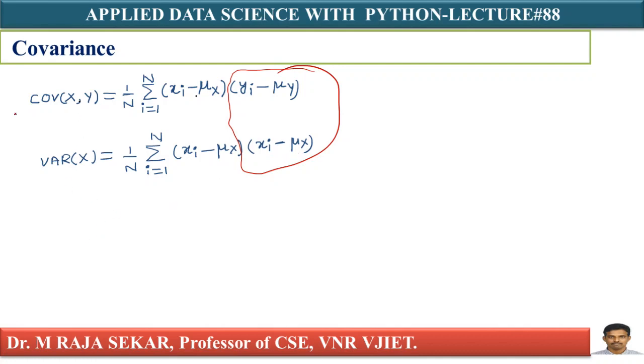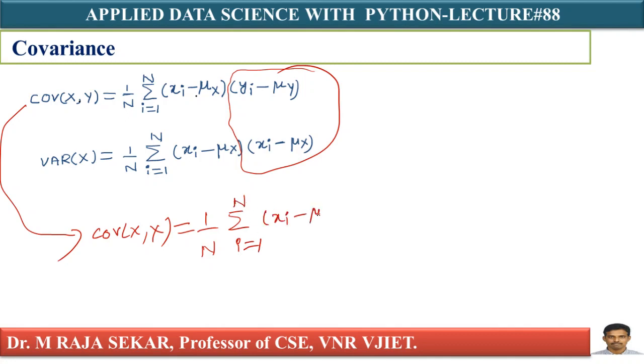Therefore, what can I say? If I say covariance of x comma y, instead of y, if I write x, what happens? 1 by n into sigma i equal to 1 to n, xi minus mu of x into, again you will get xi minus mu of x. That is nothing but covariance of x comma x is essentially variance of x. I already discussed what is variance in my previous lectures: 1 by n, sigma i equal to 1 to n, xi minus mu whole square.